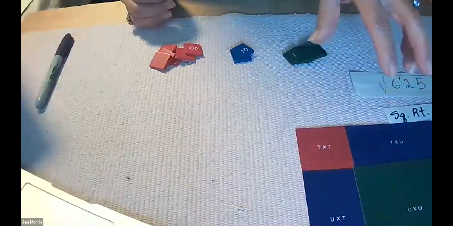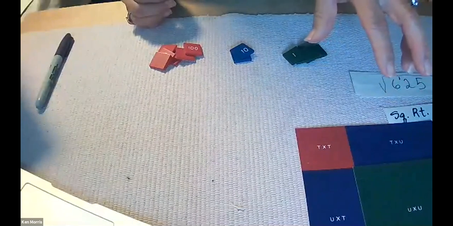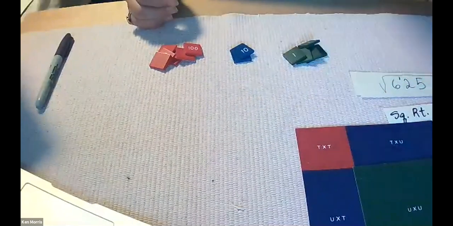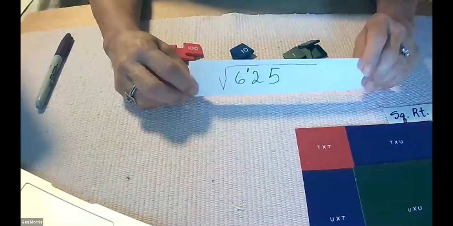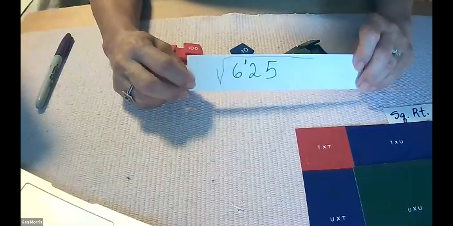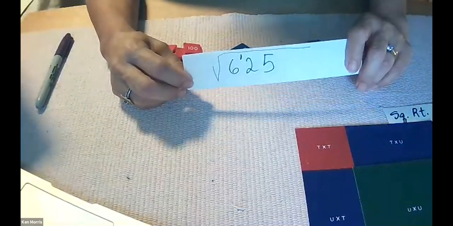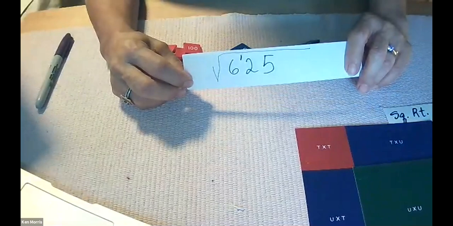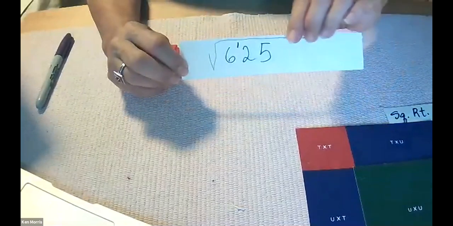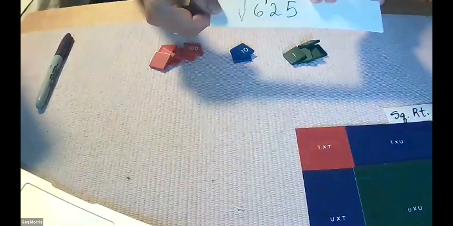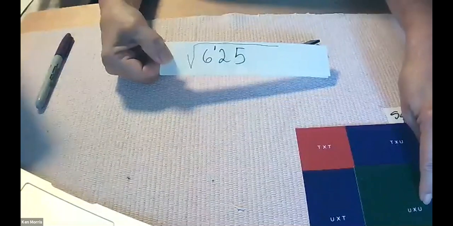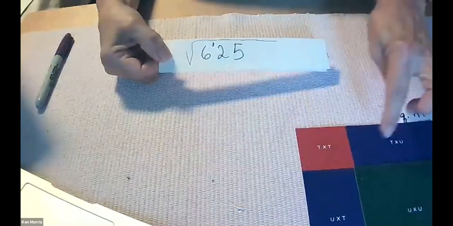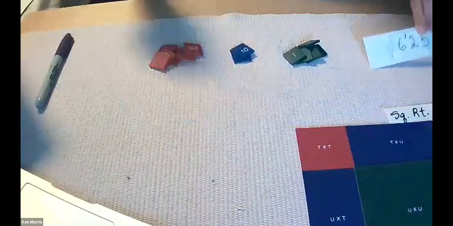Now, we know that there's going to be 2 digits in the answer. The square root is going to have tens and units. So we know that we are going to have 2 perfect squares, like we do in our binomial chart, and 2 equal rectangles.